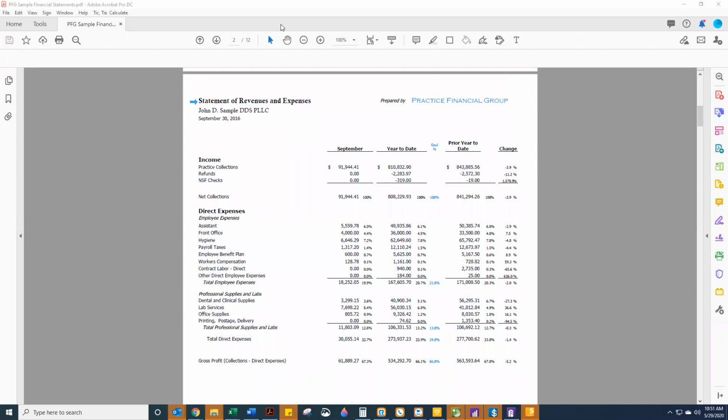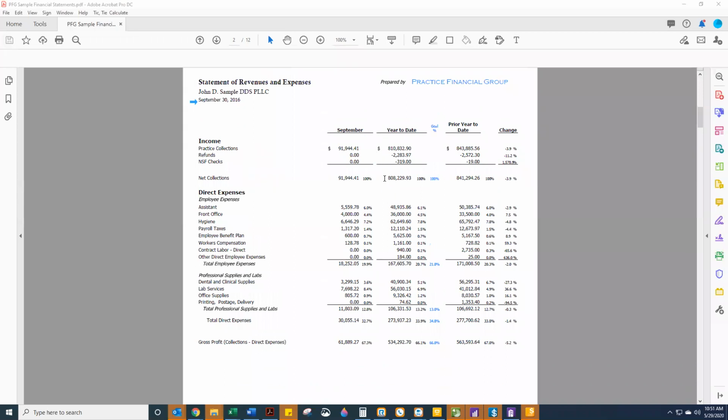But think of these statements as categorizing where all of the money comes into your account and goes out of your account each month. Okay, remember, we want these to be readable. We want these for you each month to be able to look at quickly, decipher what the information is telling you, and make good business decisions.